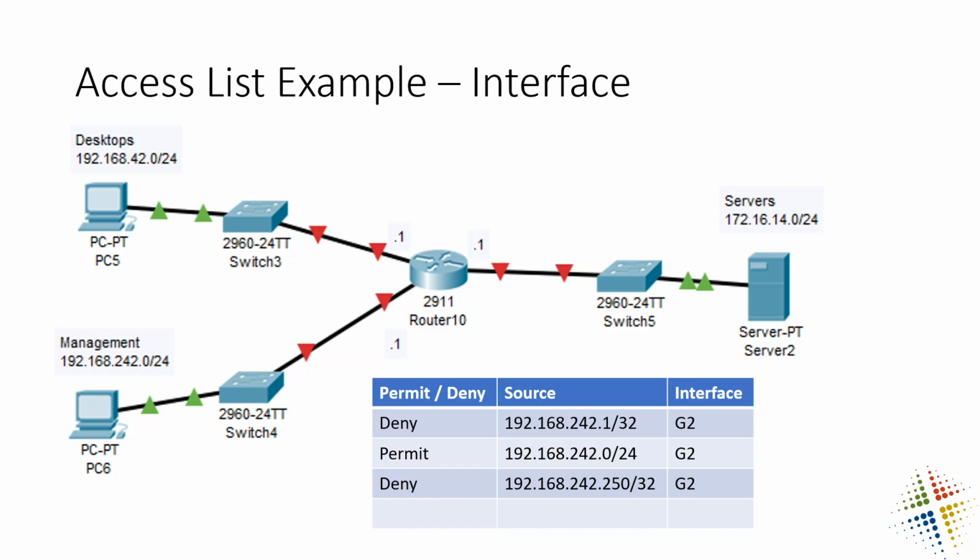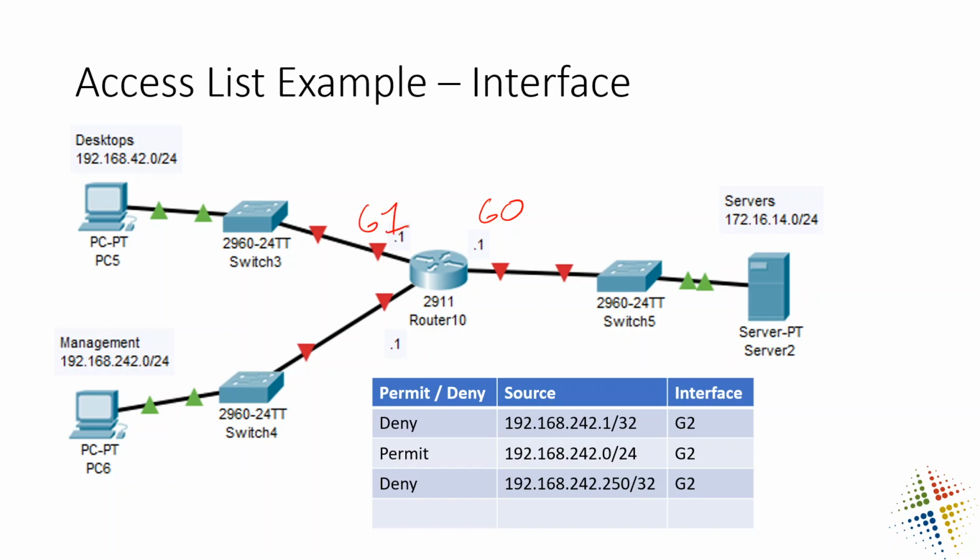All right, so the access list can be expanded and be a little bit more intelligent. For instance, here we've taken the access list that we had right there, and we add in the interface. So we can be a little bit more specific. Let's say that this guy on the right-hand side is interface gigabit 0.